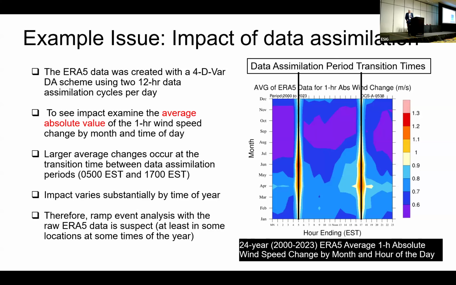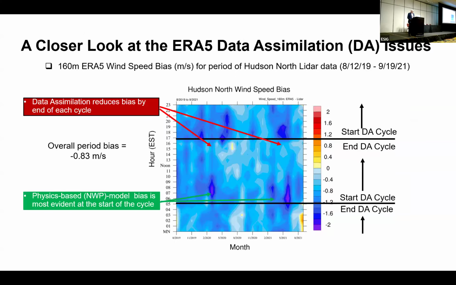If you're looking at ramp rates in this data set, you're going to have this issue of very large ramp rates whenever you use that transition time period. And actually, if you look at what's going on in the 12-hour data assimilation cycles, in the time right after the start of the cycle, this is a comparison with the measurement data at the Hudson North site.